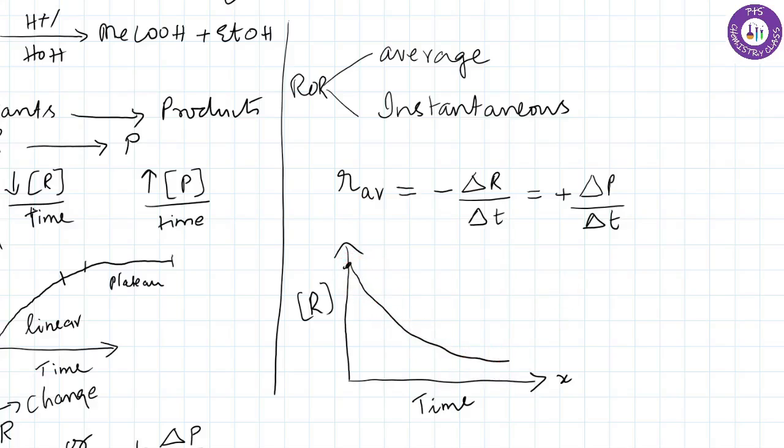If you take any two points on it, take the two R values and the corresponding times, so we take the time difference. So you will have the difference in R. This is delta R and this will be delta T.